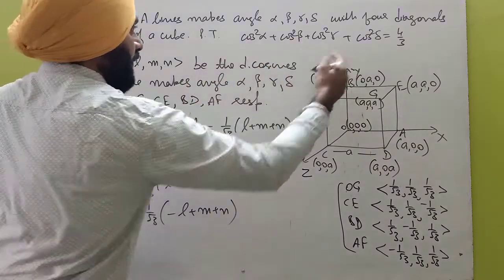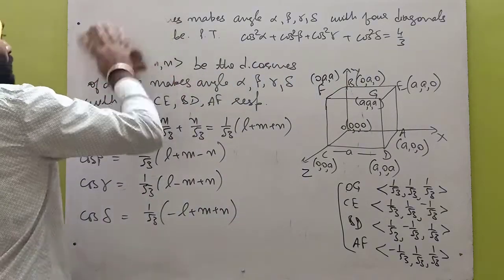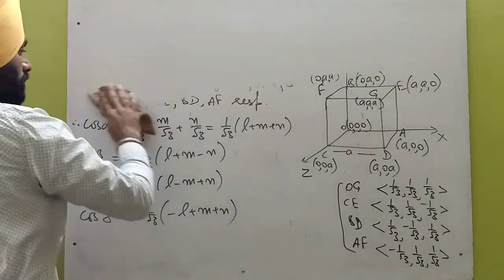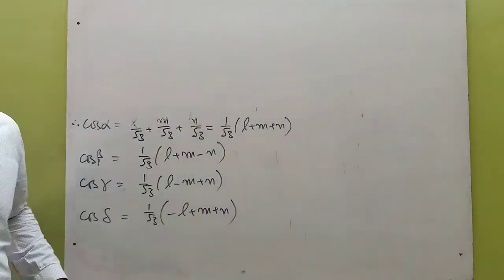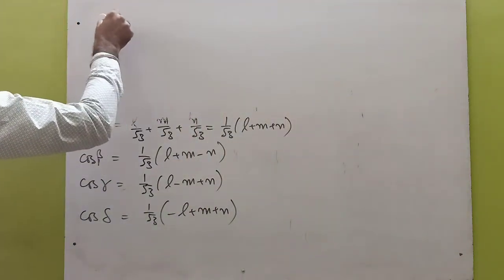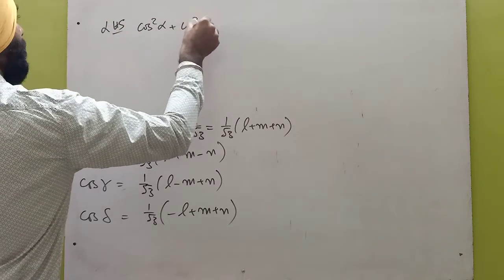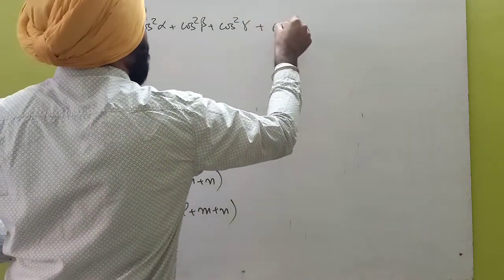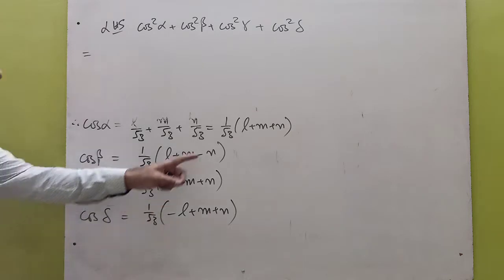Now take the left hand side, which we have to prove. Consider the left hand side, and this left hand side is cos square alpha plus cos square beta plus cos square gamma plus cos square delta. Square all these and add.